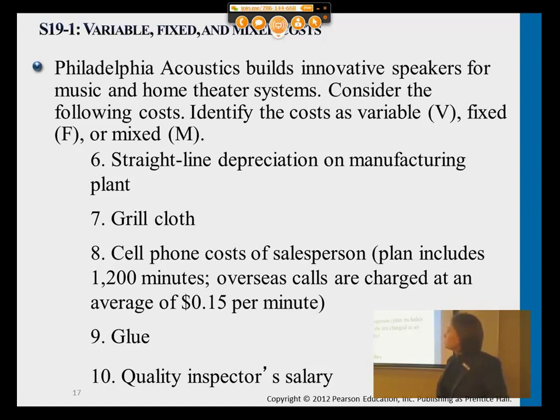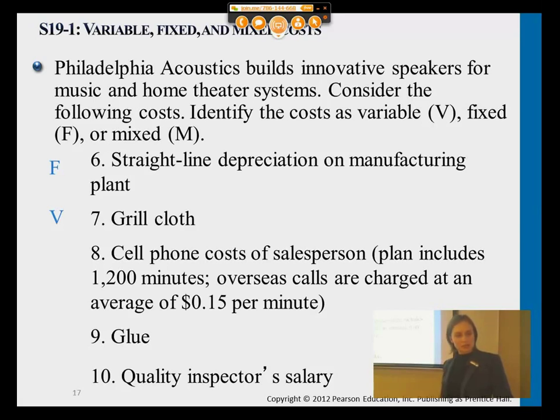Straight line depreciation manufacturing plant. Yes, that's the one. Okay. Grill cloth. That material that goes. What is it? Fixed or variable? Variable? Okay, cell phone costs of salesperson.